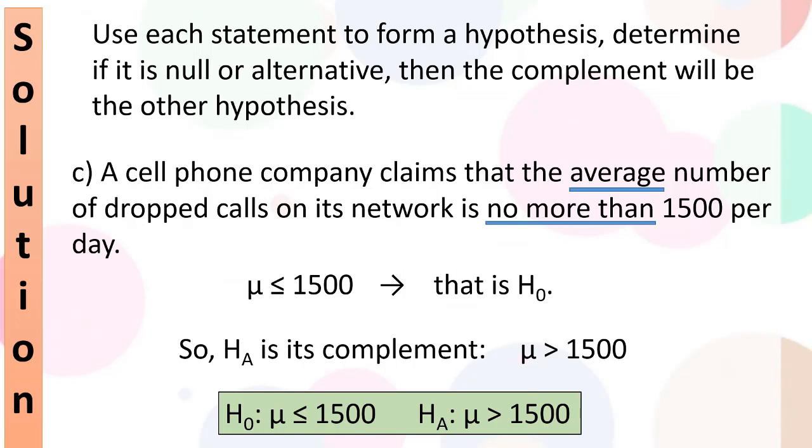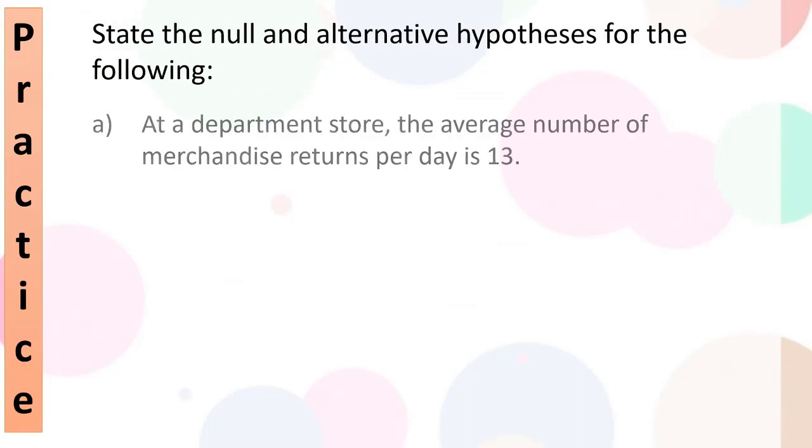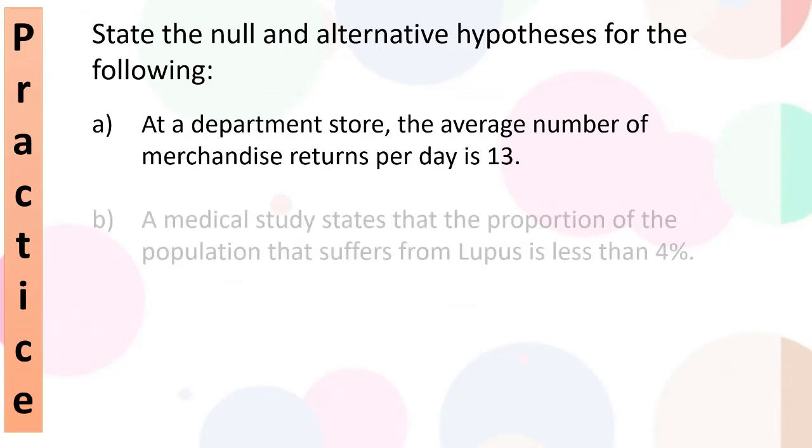Okay, so it's time for a practice problem. And you're going to do the same thing that we just did here in the example. You're going to state the null and alternative hypotheses for the following. At a department store, the average number of merchandise returns per day is 13.